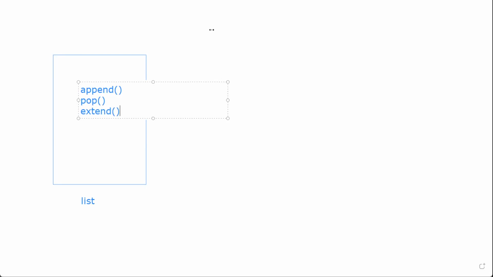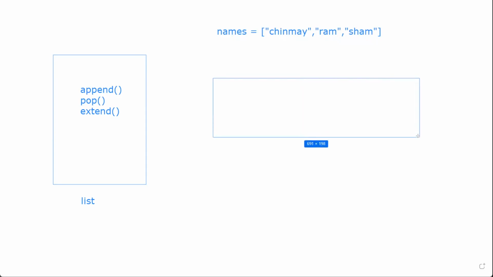When you write something like names equal to Chinmay, Ram, Sham, behind the scenes, what is happening?